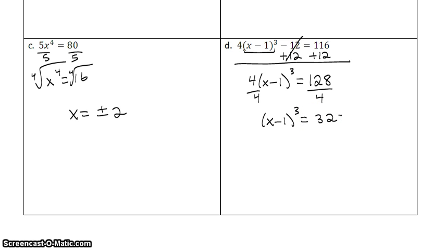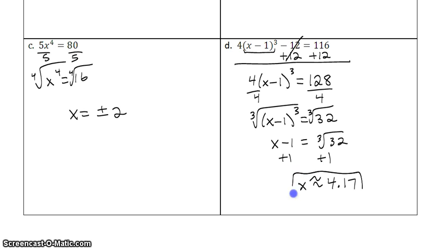And now I'm at the stage where my variable is by itself. And because it's a cube, I'm going to cube root both sides. I've got x minus 1 equals the cube root of 32. And then I'm going to need to add 1 to both sides. So the cube root of 32, and then I'm going to add 1, and I'm ending up with approximately 4.17.